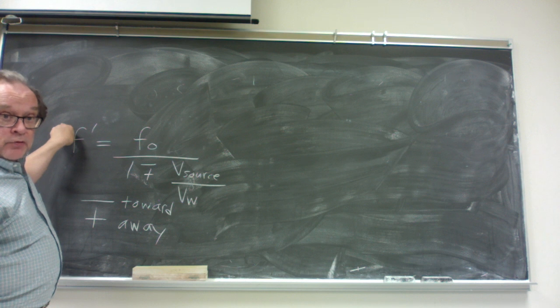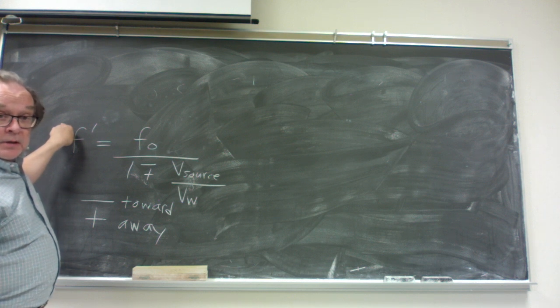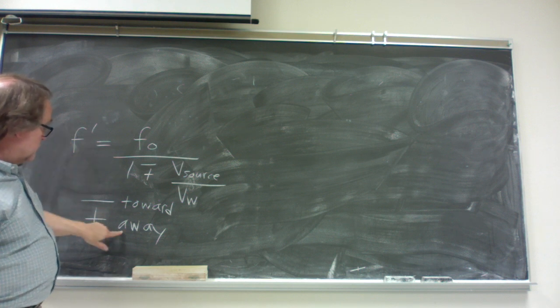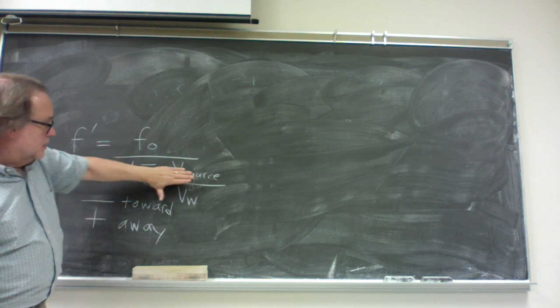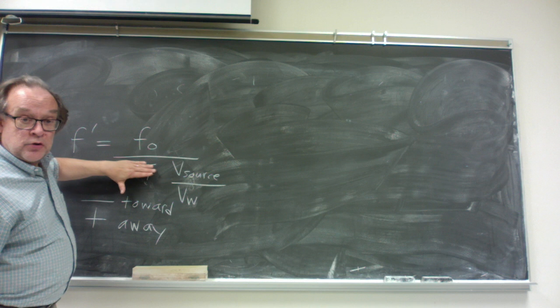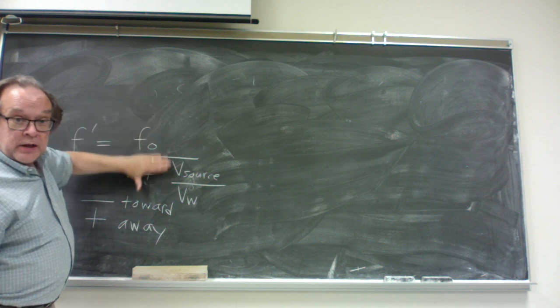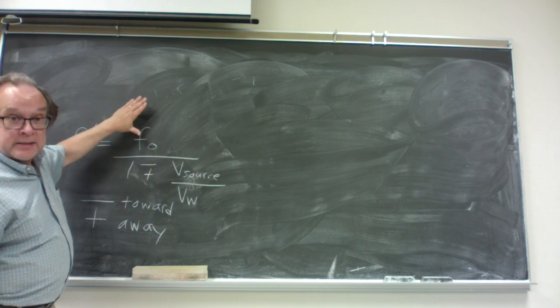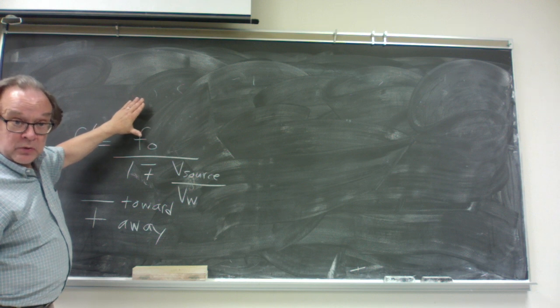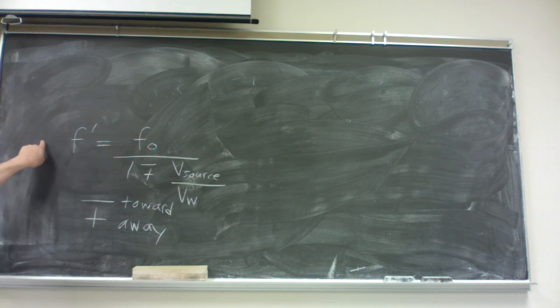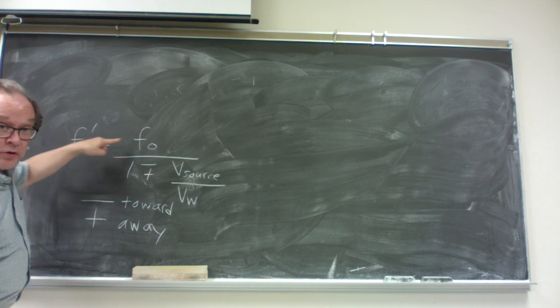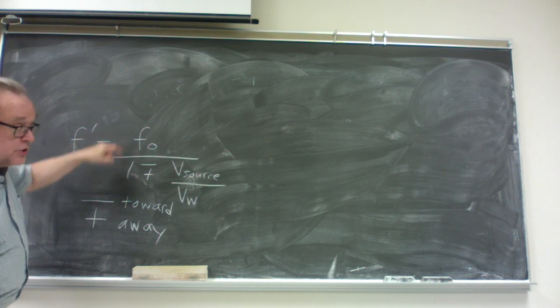You hear the higher frequency because the source is moving towards you. And if the source is moving away from you, then the denominator is greater than 1, so the value of this whole fraction is less than f0. And so the sound that you hear is a frequency lower than the frequency at the source.